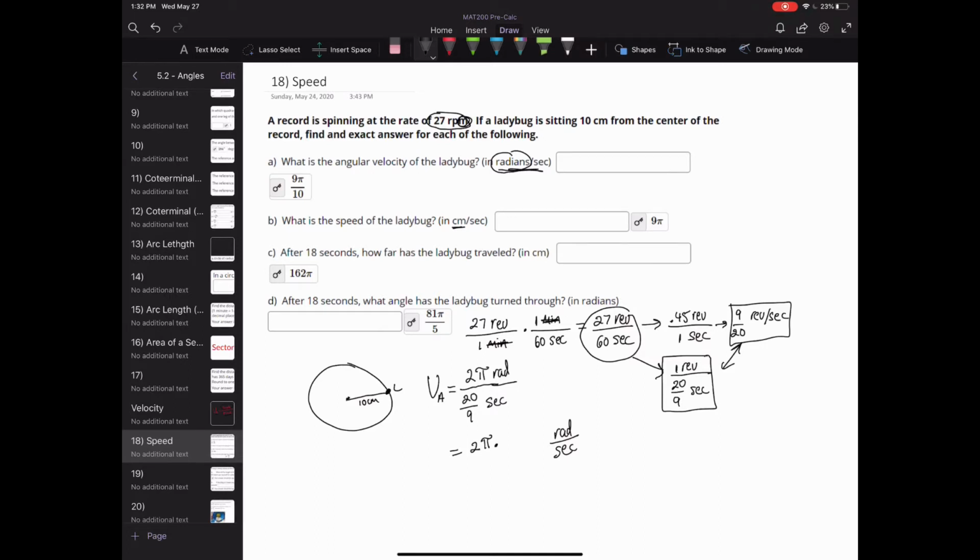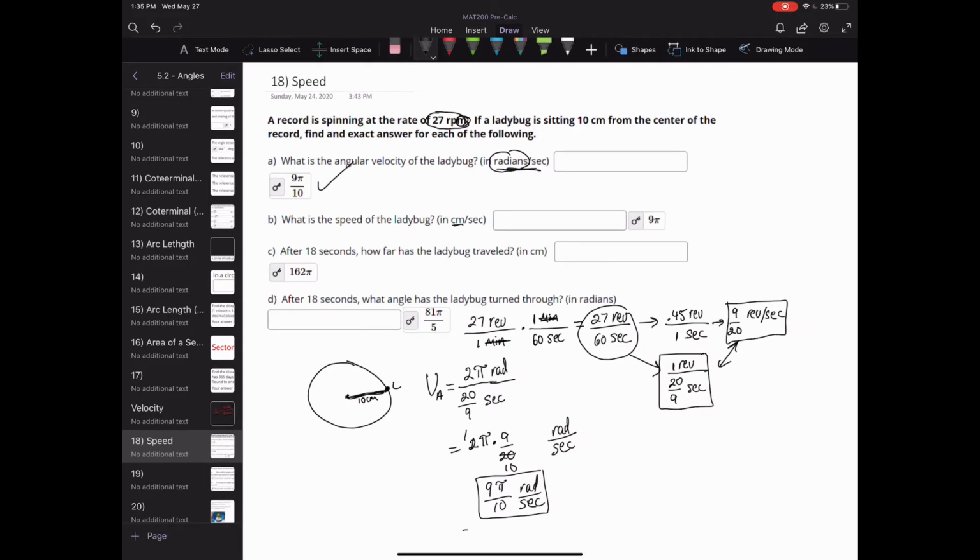So I'm going to put 9 over 20 instead of 20 over 9. Now 2 into 2 is 1. 2 into 20 is 10. So that simplifies into 1 times pi times 9 is 9 pi over 10 radians per second. Alright, and you can see that that's the exact answer we have up there.